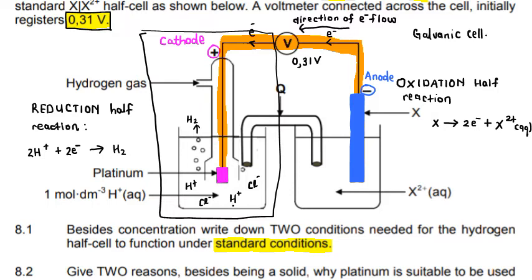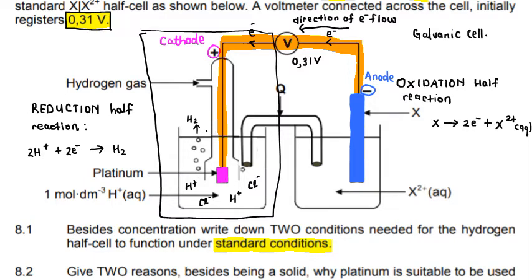We've got hydrochloric acid in solution over here. So basically we already have on the screen that the concentration of that solution has to be 1 mole per decimeter cubed. But then they want us to say something else other than the concentration of the solution.